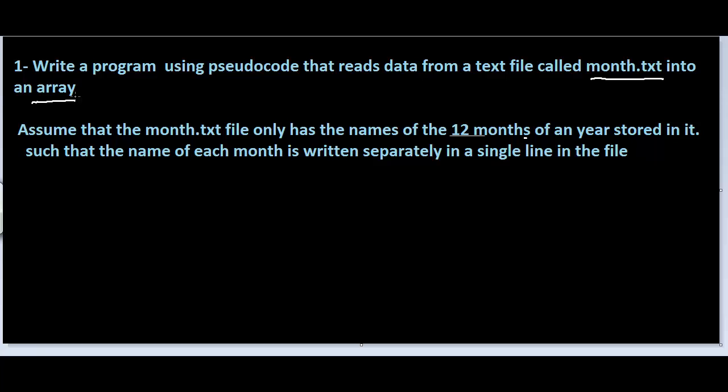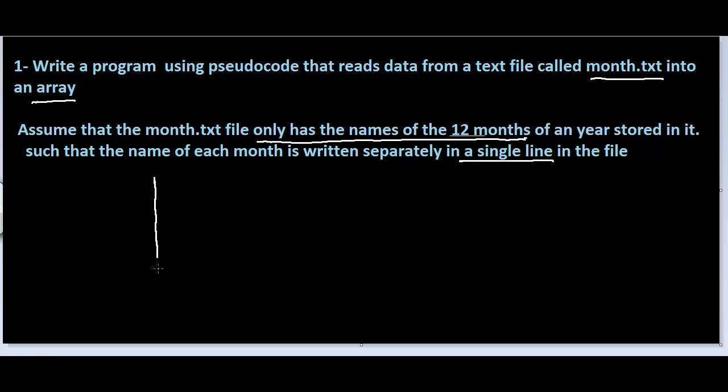Okay, assume that the month.txt file only has the name of 12 months. So there are only the name of 12 months inside our file, such that each name is stored separately in a single line. So this is what he's saying.